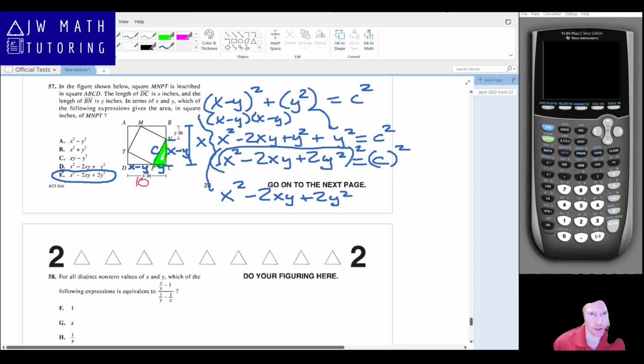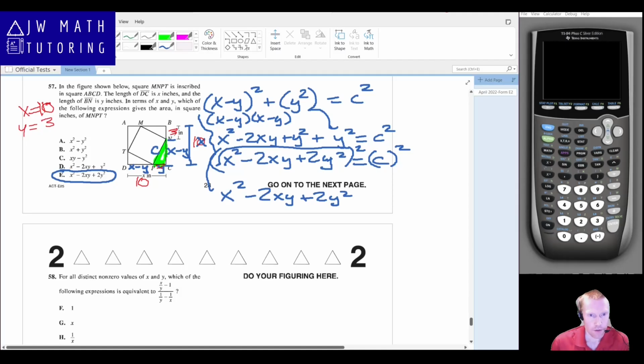In other words, x equals 10. And now let's say y is going to equal 3. Okay, so x is 10, y is 3.